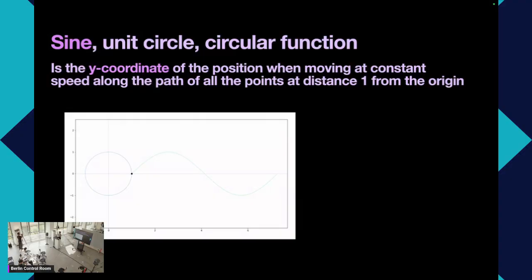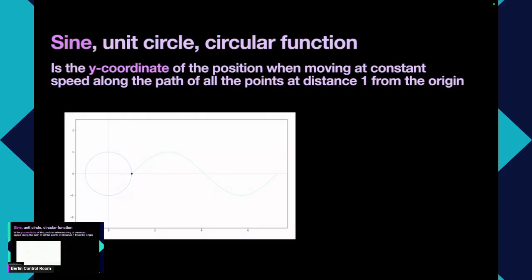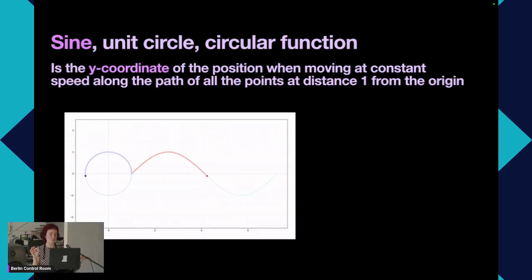So to start, I think most of us are familiar with what sine waves are, but I like introducing them as circular functions. Imagine we are walking at a constant speed, distance one, through the origin or through another point, and then we track the y coordinate of the distance that you have been walking, the arc length.